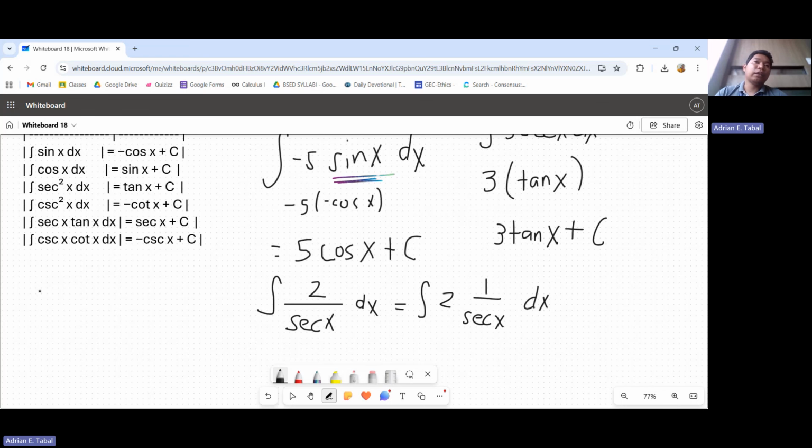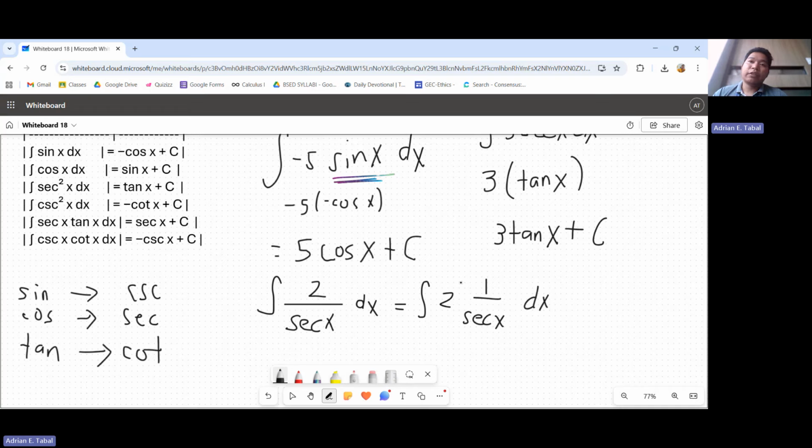If we go back to trigonometry, we have sine, cos, and also tan. The reciprocal of sine is cosecant, the reciprocal of cos is secant, and the reciprocal of tan is cotangent.